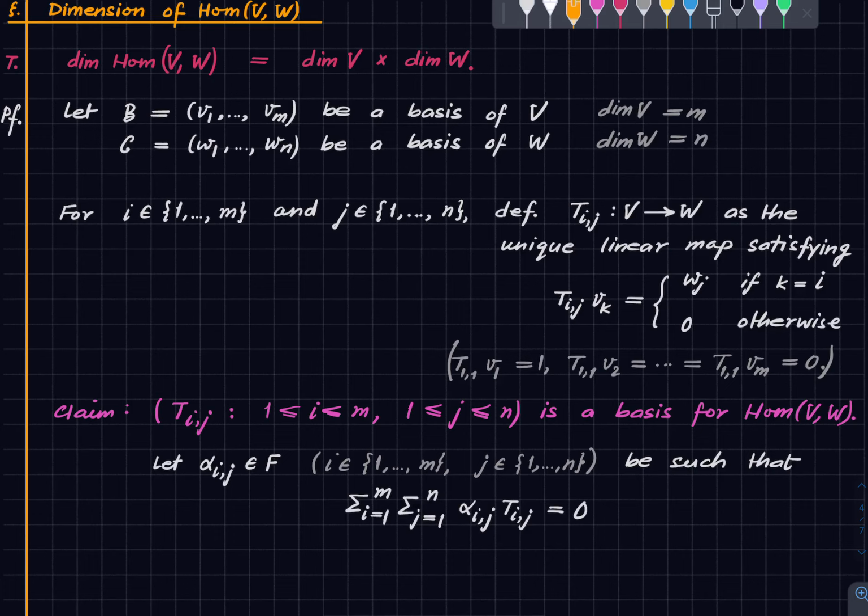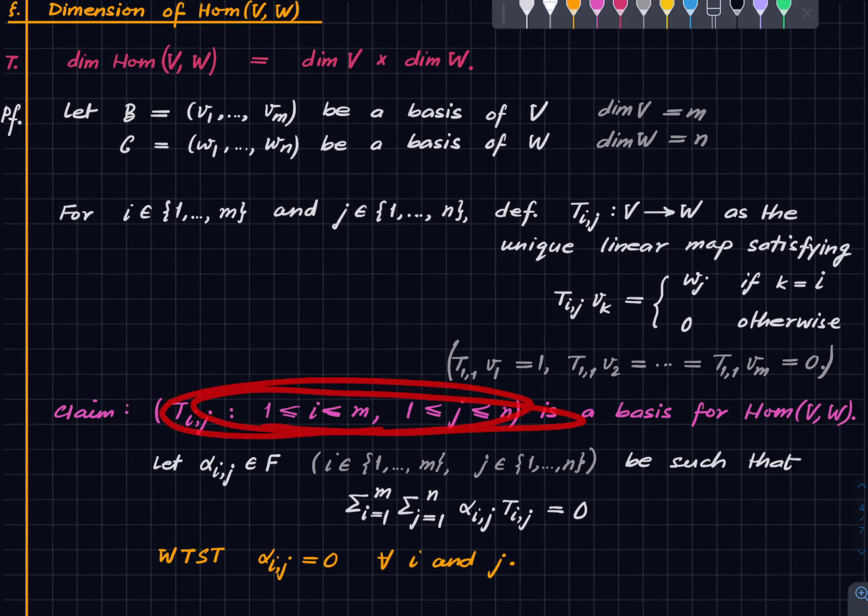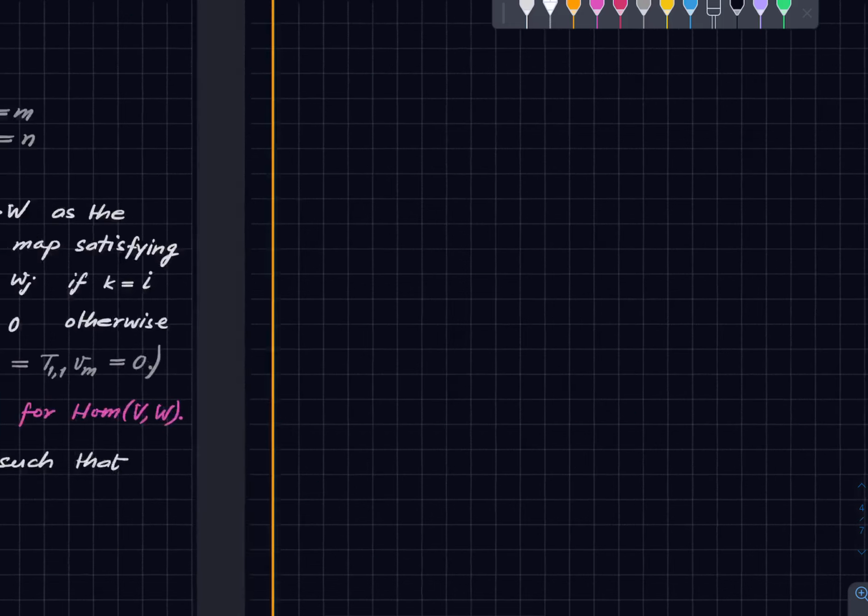So for linear independence, we want to show that all of these scalars are 0. Once we do this orange thing, we will have shown that the list that we see here is indeed linearly independent. Okay, so how do we do this?